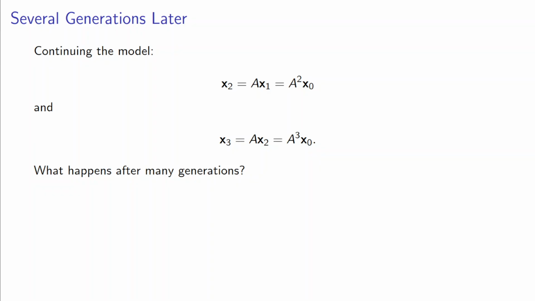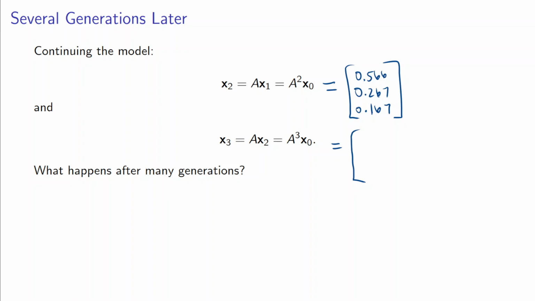And then we could keep going. So x2 would be A x1 or A squared x0. If we put that in our calculator, we would get about 0.566, 0.267, and 0.167. I do encourage you to try this out in your calculator. If you want to do it by hand, you certainly are welcome, but your calculator is probably fine.